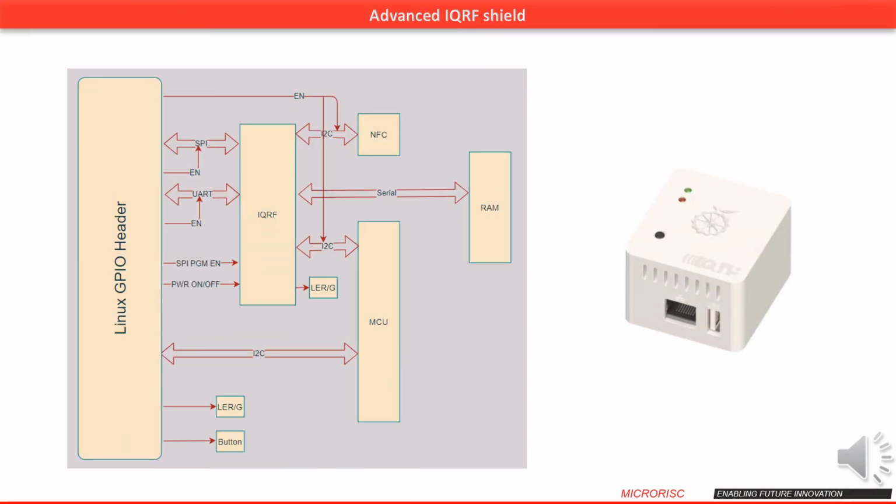The basic shield can be extended with some additional features that enhance the usability of the Iqrf gateway. In some of our designs, we use an additional processor that plays the role of an external hardware watchdog. The Linux machine generates a periodic signal that is detected by the MCU.